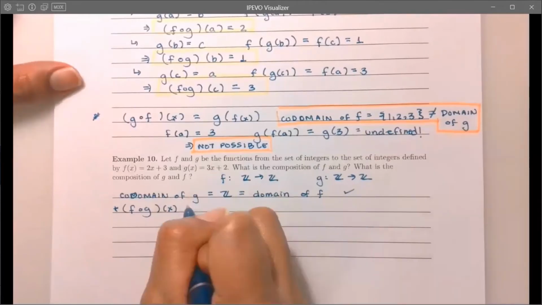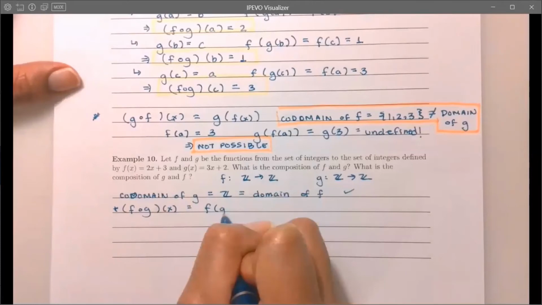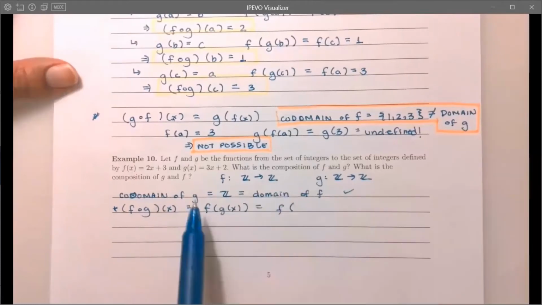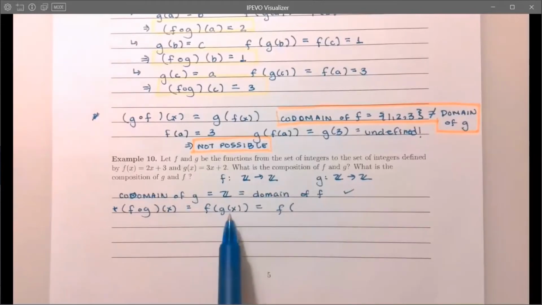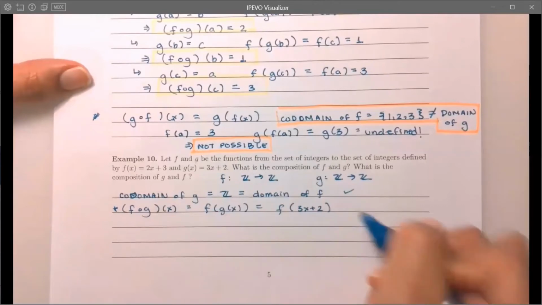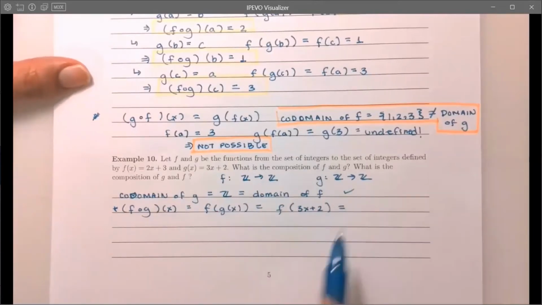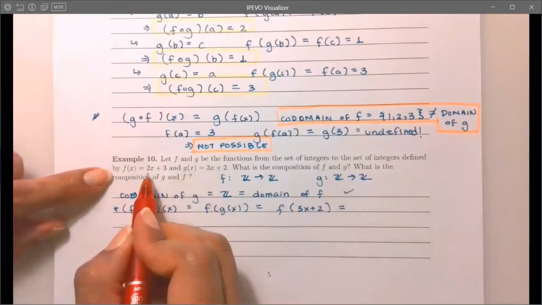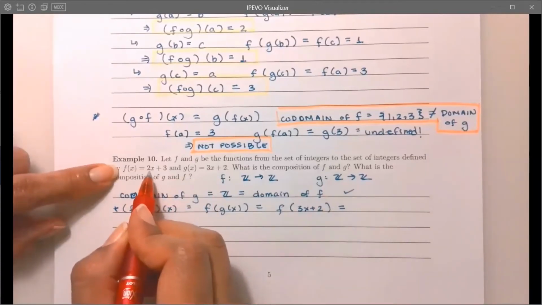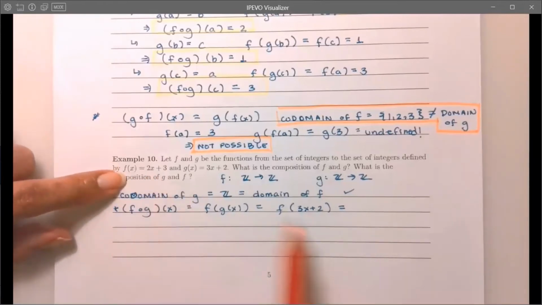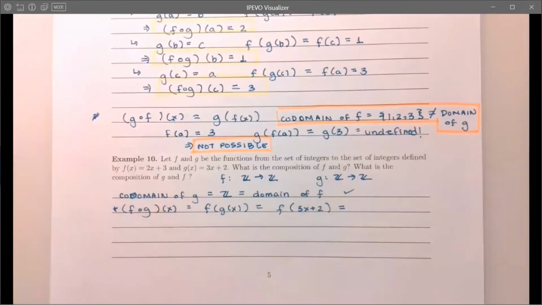Okay, so that means we have f of g of x, and I am replacing g of x with the 3x plus 2 into f as an input. So that means that everywhere we have an x for f of x, which is here at the 2x plus 3, I'm going to be replacing with a 3x plus 2.